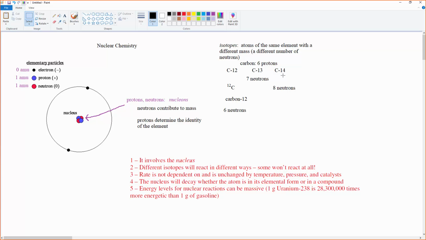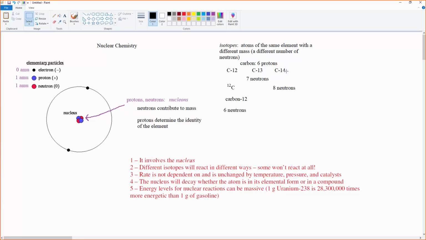Because if I'm doing a reaction where I'm burning gasoline or sugar, my chemical reaction doesn't care whether it's carbon-12, carbon-13, carbon-14. They all behave exactly the same way, which is why, for instance, in nuclear medicine, somebody can give you some glucose sugar that is built with, say, carbon-14 molecules and give it to you, and it can end up in your brain because your brain loves glucose sugar in order to work.